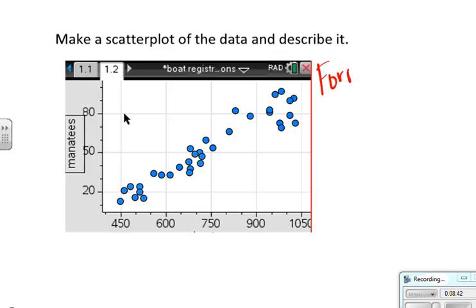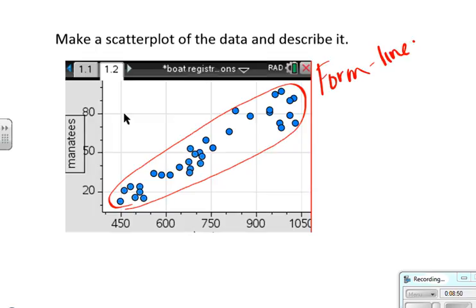Alright, so form, okay, hopefully we're all in agreement that that is pretty linear. It is positive, which in the context of the problem means that as the number of boat registrations goes up, the number of manatees killed goes up as well. They're both increasing, not necessarily at the same rate, but they're both increasing. And as far as strength, it's pretty strong. I would probably go with the moderately strong again.